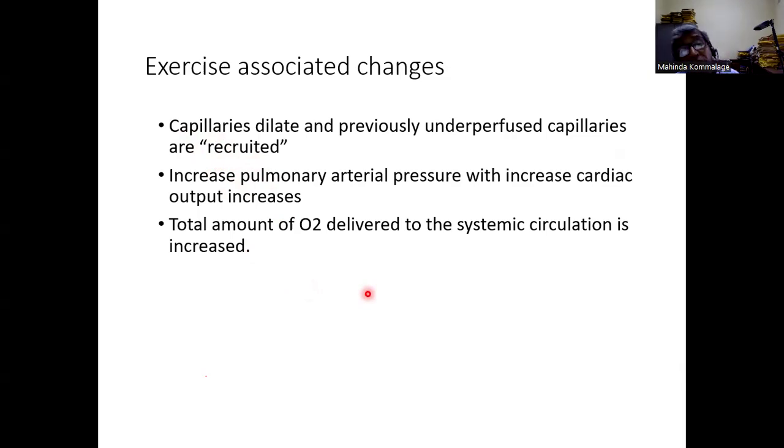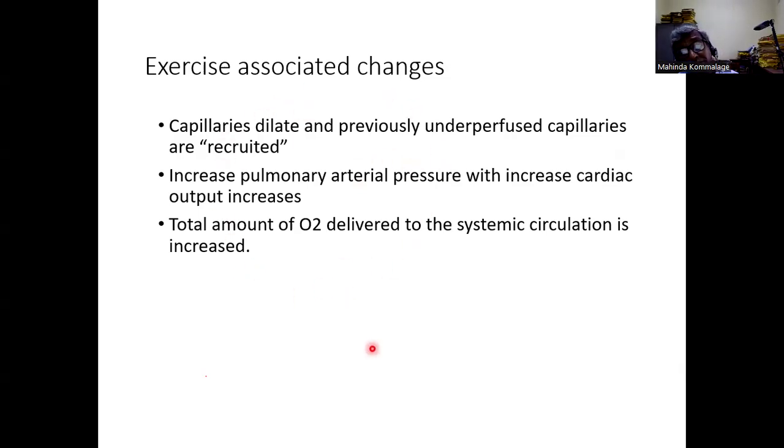You know, when we exercise, our cardiac output will increase, in the systemic circulation as well as the pulmonary circulation, but that way pulmonary arterial pressure will increase, so we can maintain good perfusion of the alveoli. So by that way, total oxygen delivery can increase with these changes in the lungs with exercise.